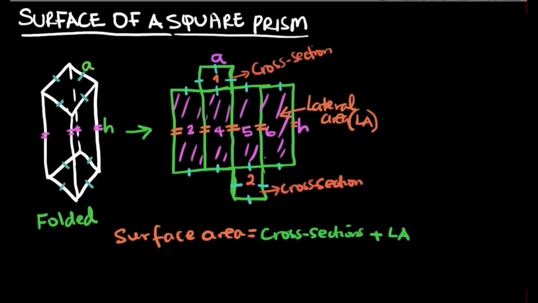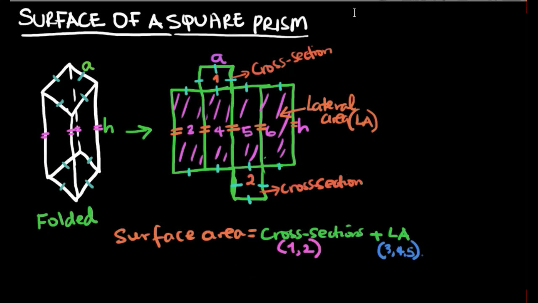By cross sections, we mean 1 and 2. Then the lateral area, we mean 3, 4, 5, and 6. Now let's begin with the cross sections.